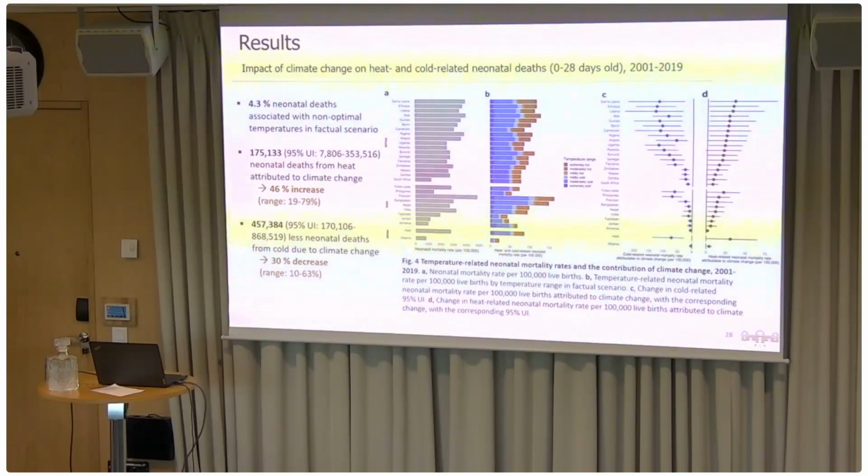And in total, we measured that among these 4.3%, there is a part on heat and cold, and we measured that there will be 175,000 neonatal deaths from heat attributed to climate change, which is a 46% increase if compared to the counterfactual scenario.